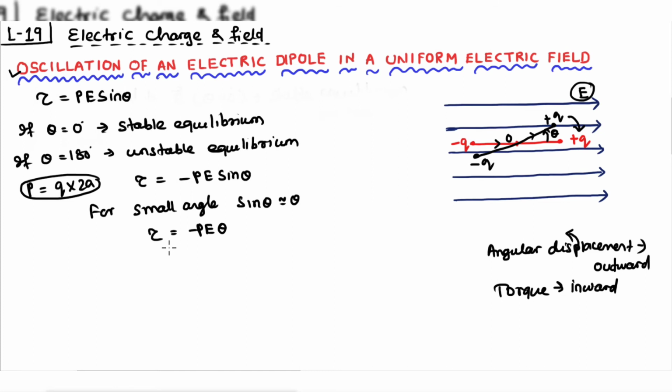Due to this restoring torque, the dipole rotates in the clockwise direction. But when it reaches this position, it does not come to rest because it has some inertia, and due to its moment of inertia, it overcomes this position and goes in this direction.